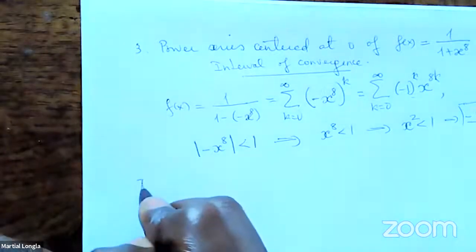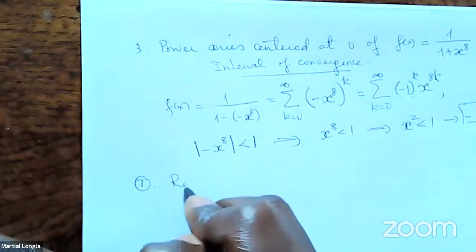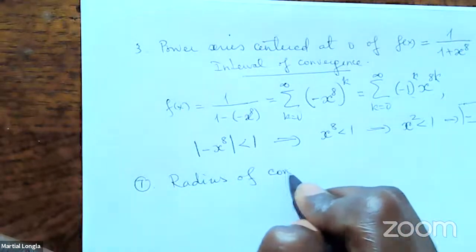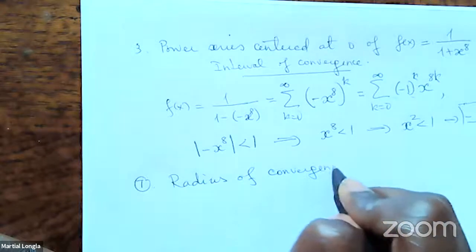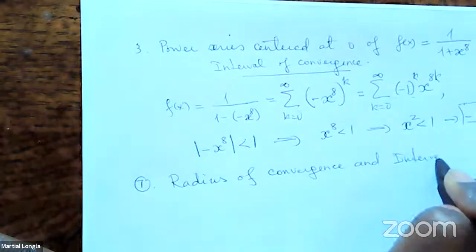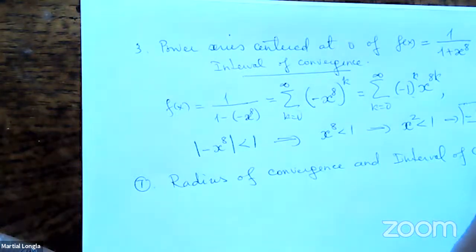And the last one was radius of convergence and interval of convergence.